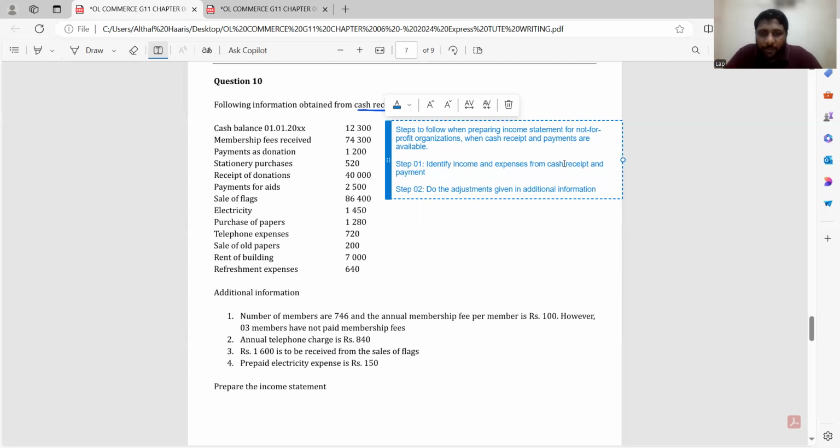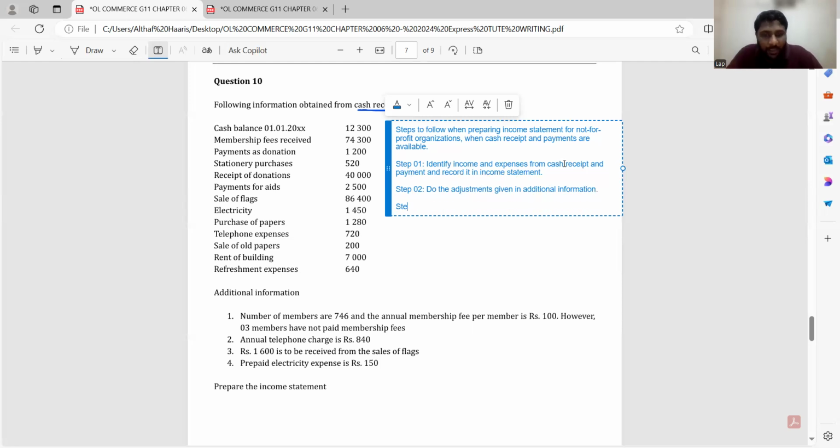And here add a small point, people. Identify income and expenses from the cash receipt and payment and record it in the income statement. Second step, do the adjustments given in the additional information.